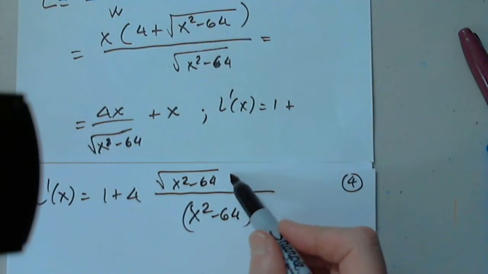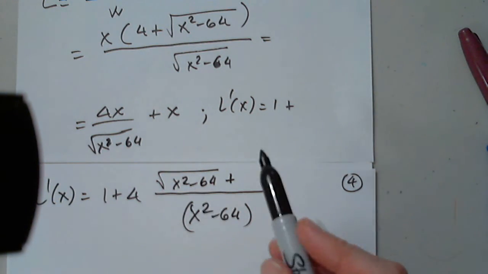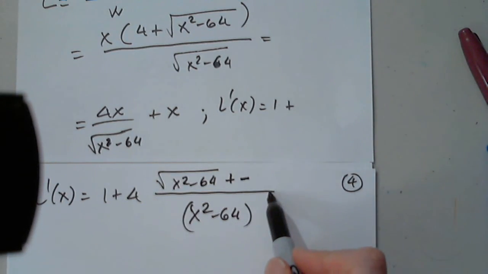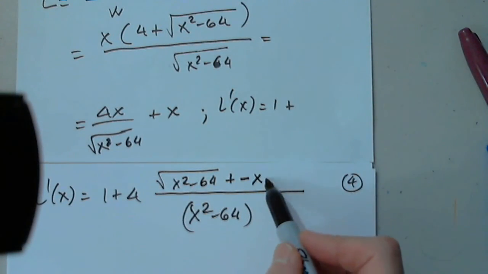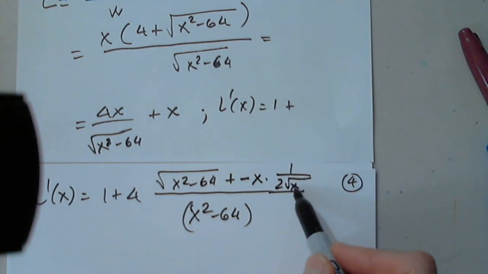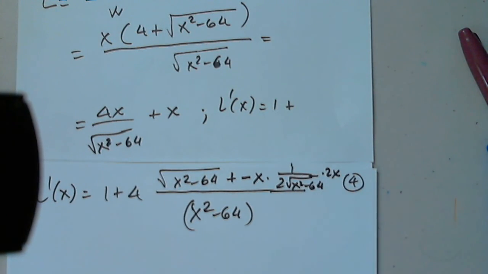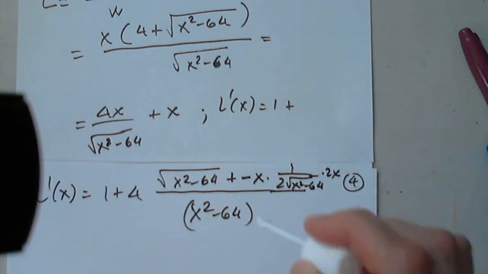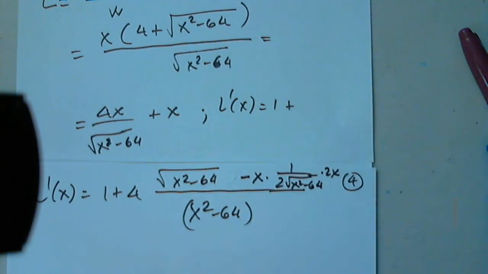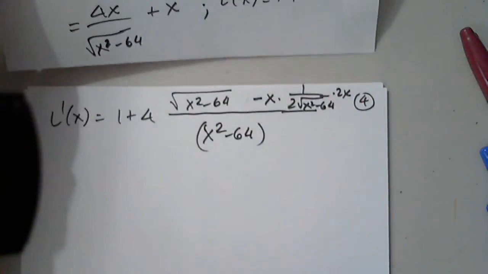And then minus, why I said plus, it makes no sense. It's minus. The top is x times 1 over 2 times the square root of x squared minus 64, times 2x. Look at that. Good. Much better. It looks much better.